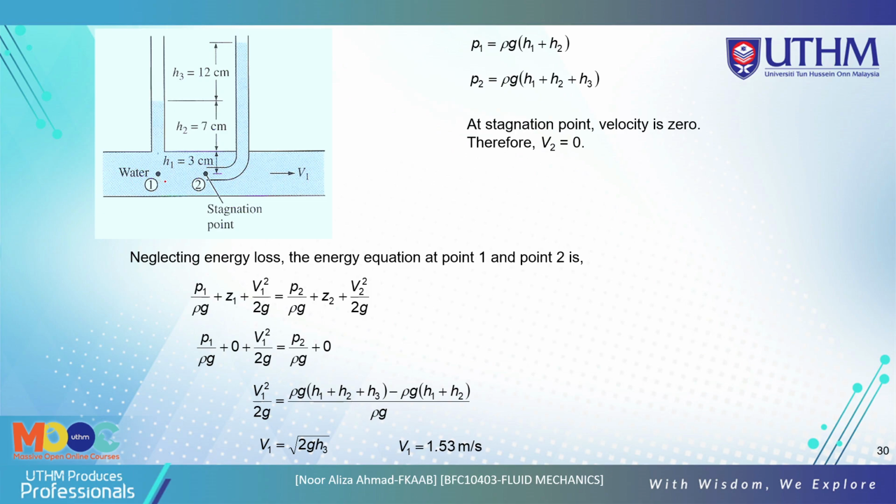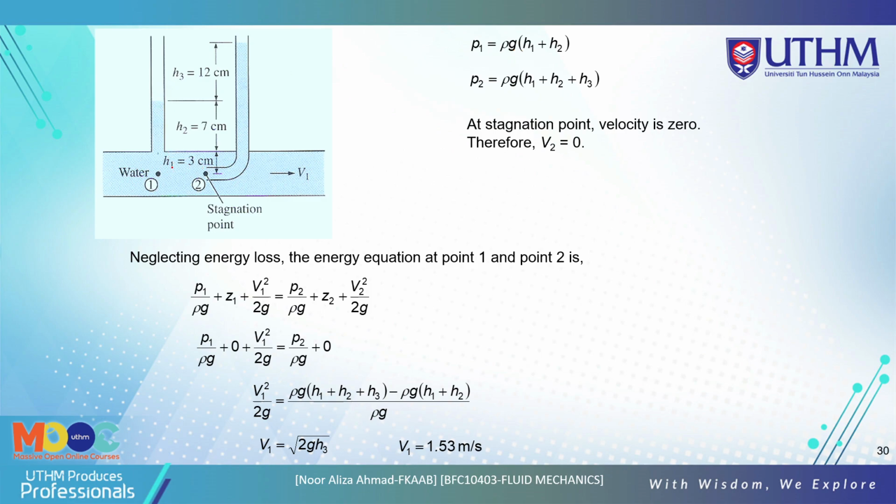So the pressure at 1 includes the density. We neglect the atmospheric pressure, so we just have the density of the water times g times H1.